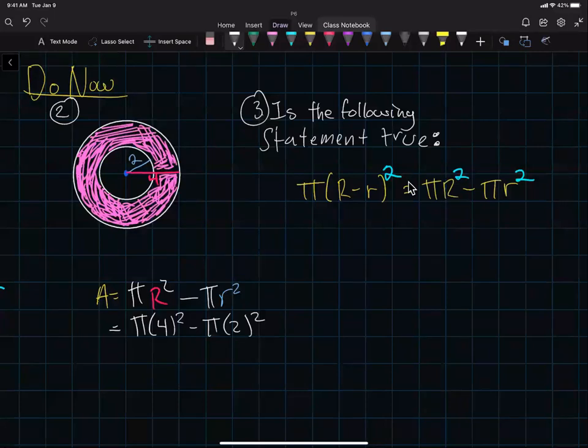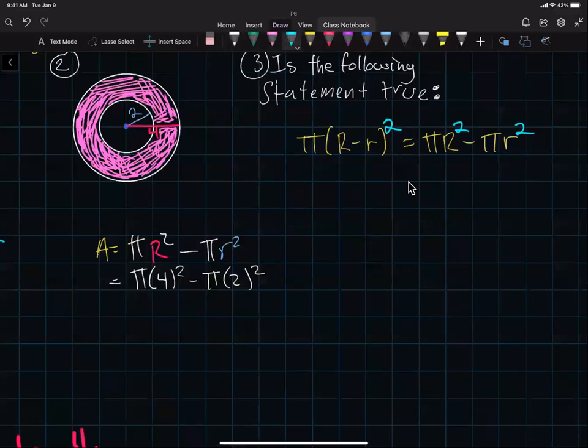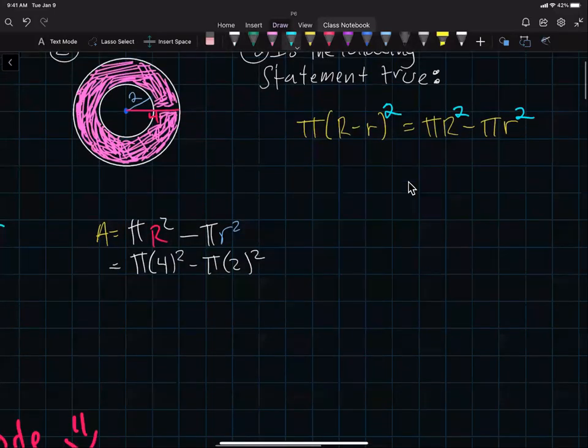Okay. I'm going to show you 2 ways to figure it out. What this is basically saying is almost as if I were to write it in this form. So what I'm saying with statement number 3 is, if this is equivalent, 4 minus 2 is the same as this. So let's figure it out.